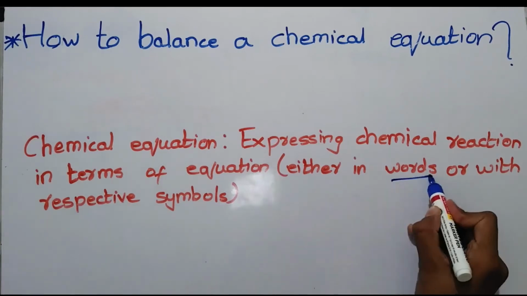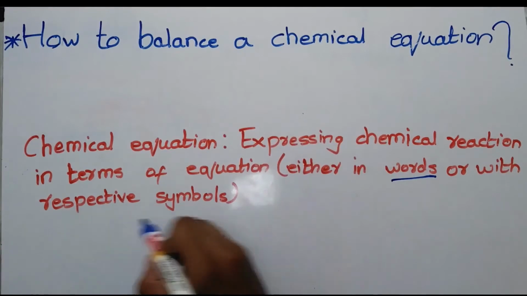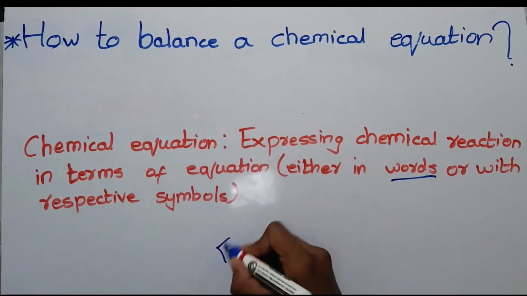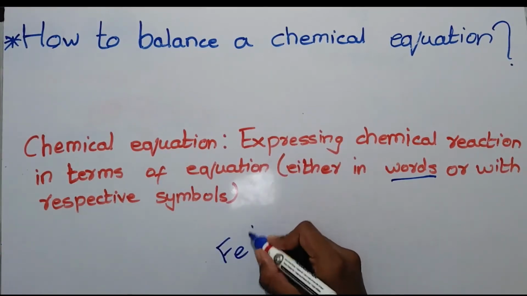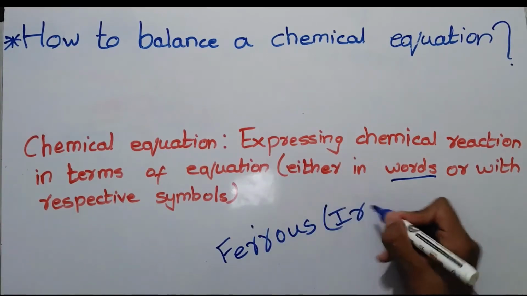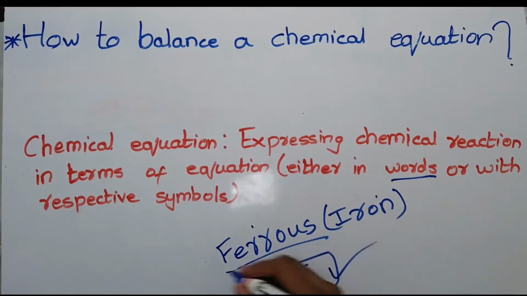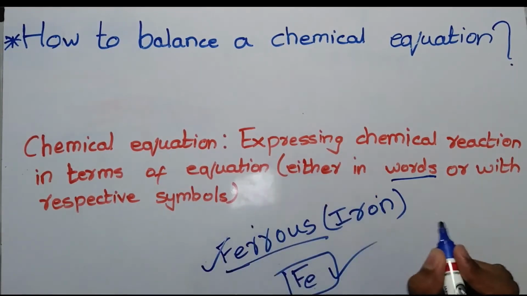In terms of words means the name of the chemical compound or its respective symbols. Like if we take ferrous, or iron, which is commonly known as iron, this ferrous can be written in its symbol as Fe. This is its symbol and this is the name in words.